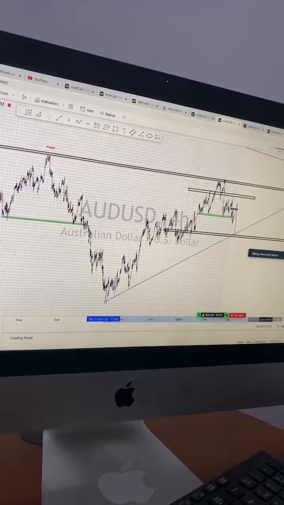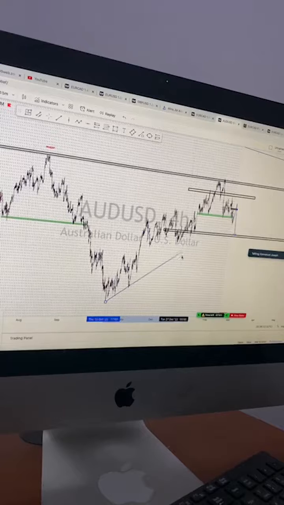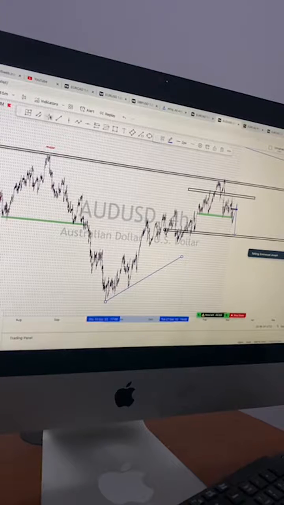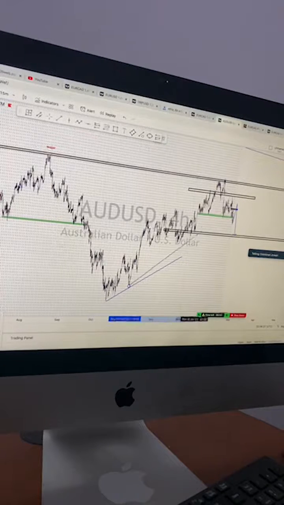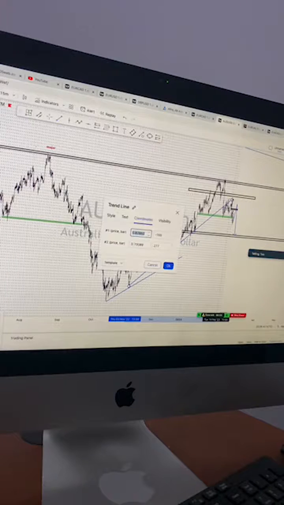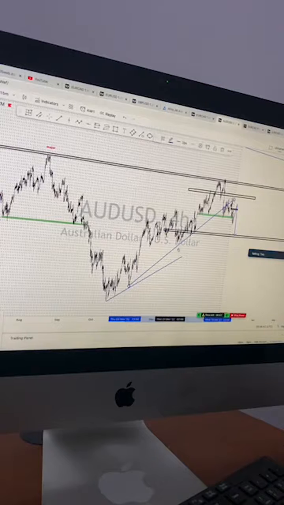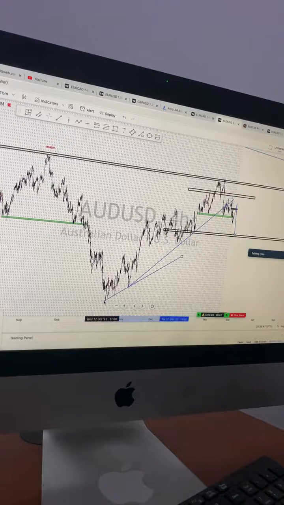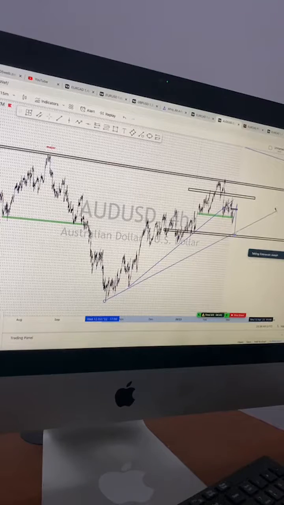So even if we say we are drawing it like this is the first one. This is the second one. If we extend this trend line like this, extend it.